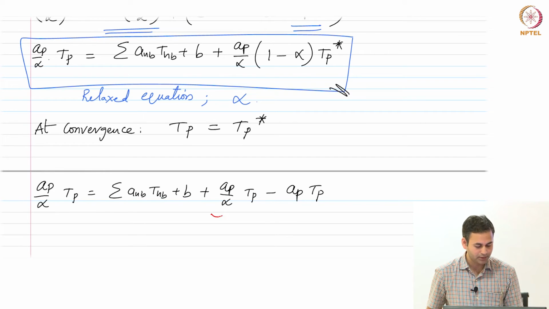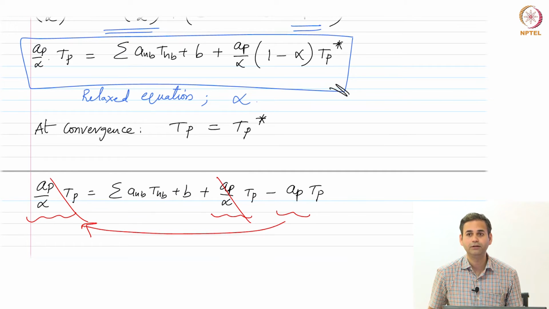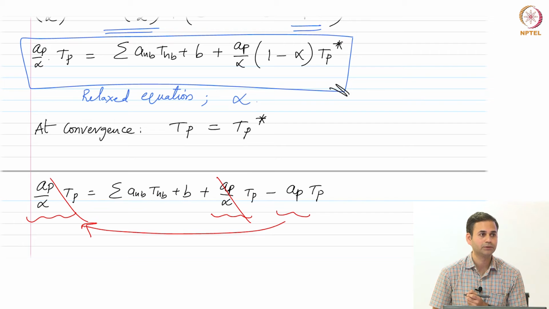So, what gets cancelled? These two get cancelled, and your AP TP, if you take it to the left hand side, then what is the equation that is recovered? That is the original equation. So, at convergence you are getting back your equation, you are still solving the same equation. The TP you would obtain for every cell will still satisfy the original equation.